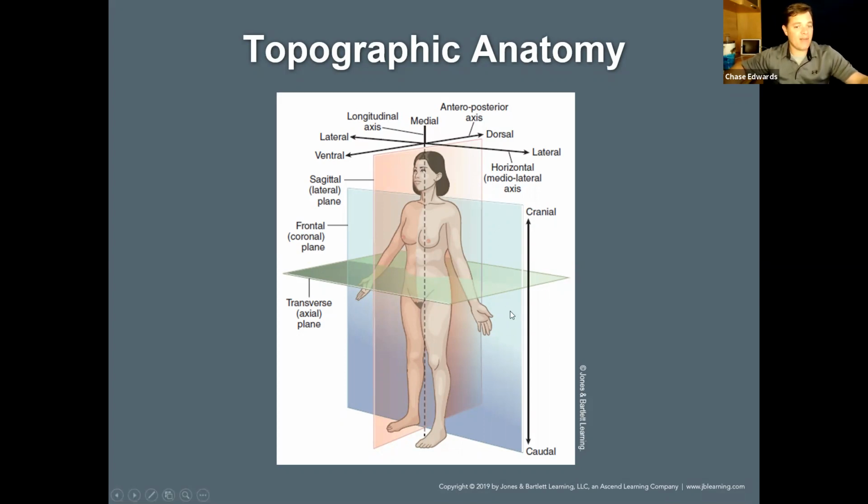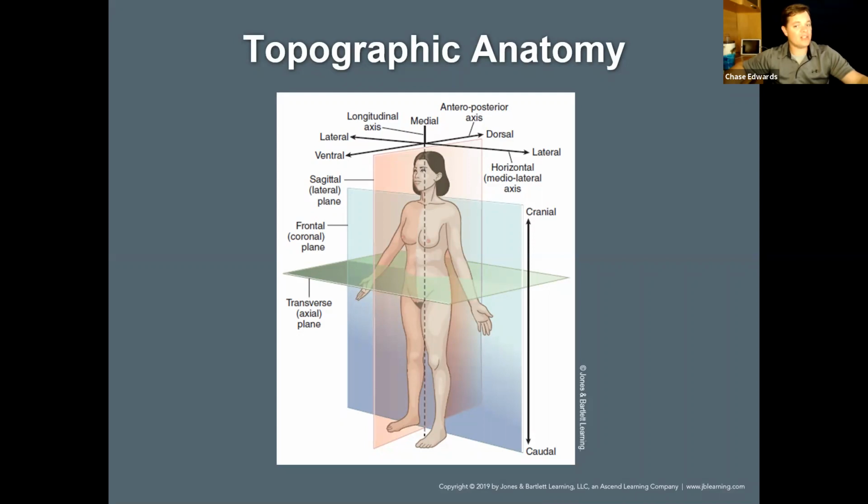An axis is an imaginary line that divides the body equally and creates a point of rotation, right? So antero-posterior axis, that's going to be perpendicular to the coronal plane.